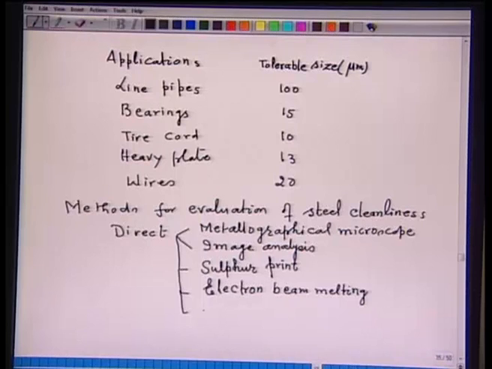Another direct method is the scanning electron microscope. In this particular method, the importance is sample preparation, and the sample can be seen under the scanning electron microscope, and the image can be analyzed for the size, type and size distribution of inclusions. Another method is the indirect method.